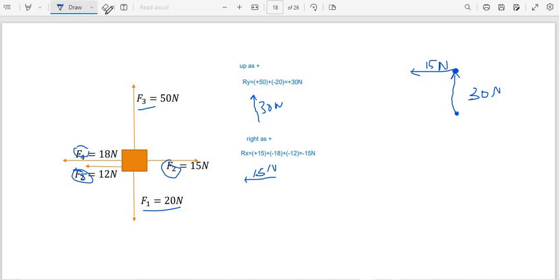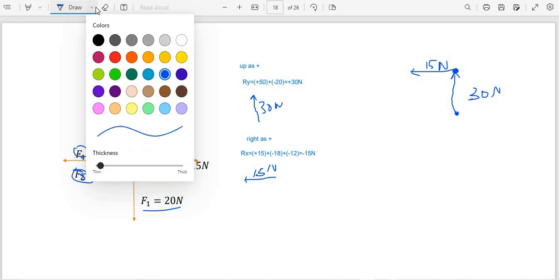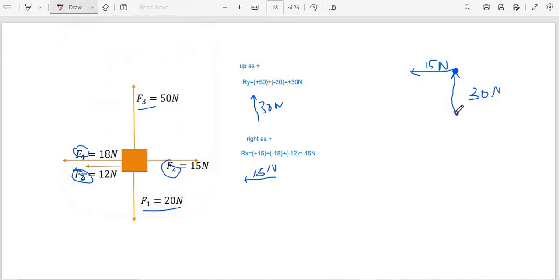And remember how we draw the resultant. The resultant will be a vector which starts from the tail of the first vector drawn to the head of the last vector drawn. Remember the angle between the horizontal and the vertical is 90 degrees.